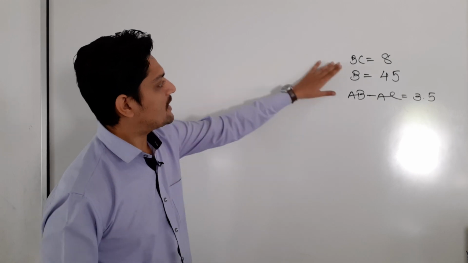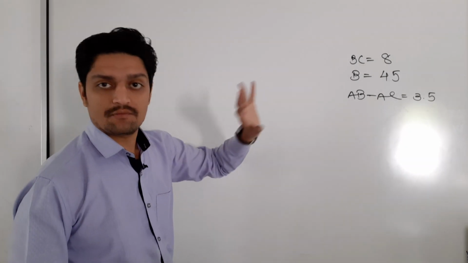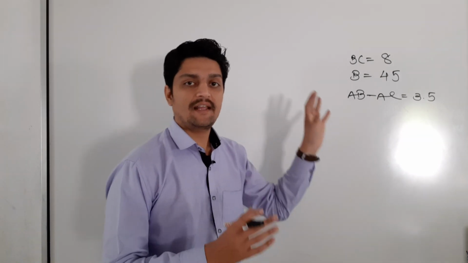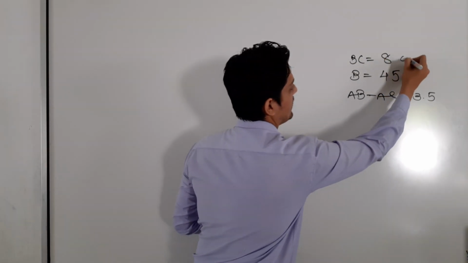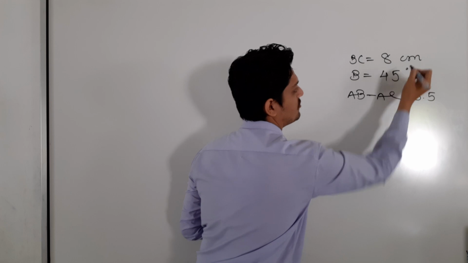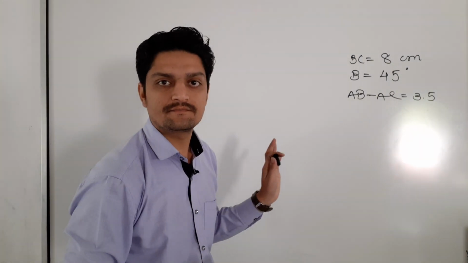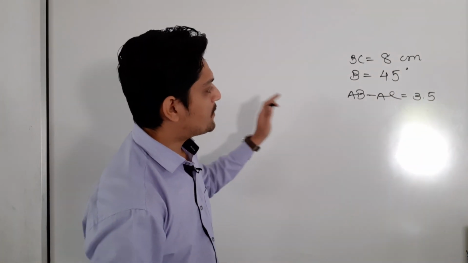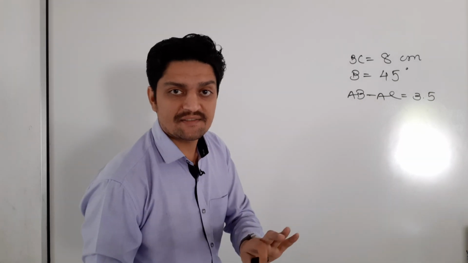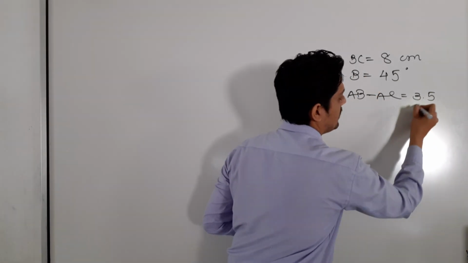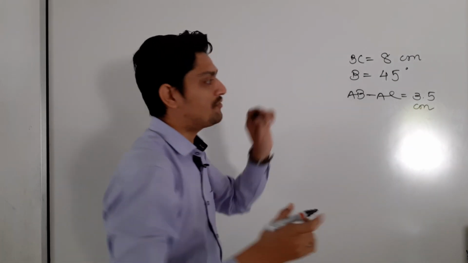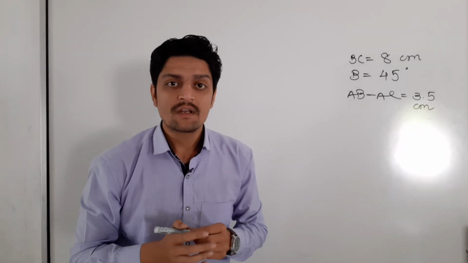Construct triangle ABC where BC is 8 centimeter, angle B is 45 degrees, and the difference of the remaining two sides is 3.5 centimeter.